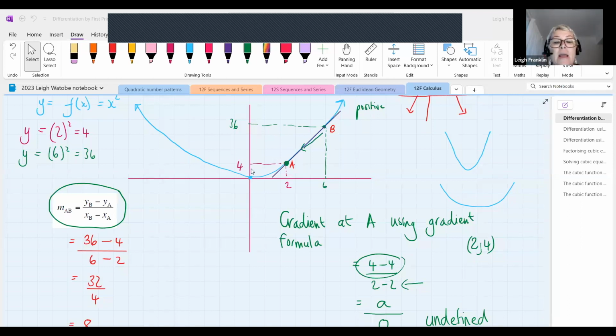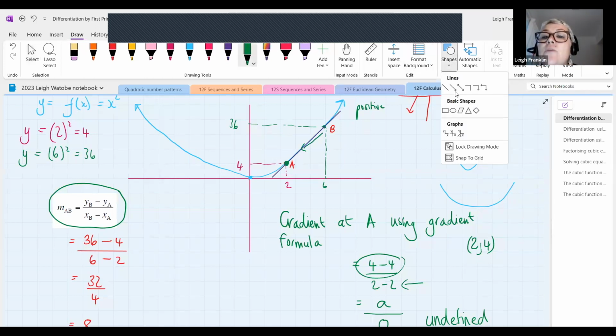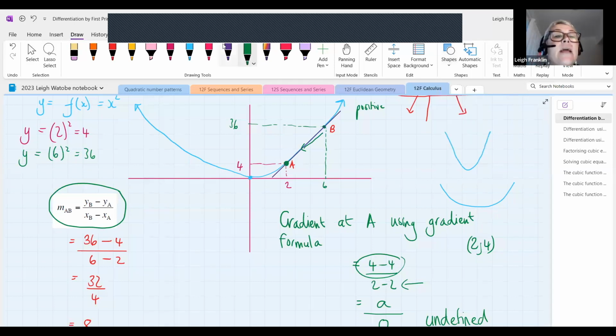If you have a particular parabola, let's have a look at this one over here. I can work out what the gradient at a point is if I draw a tangent to the function at a particular point. So let's say I draw a tangent to the function at that point over there. I can measure the gradient of the function at the point of tangency because it is the same as the gradient of the straight line at that particular point.